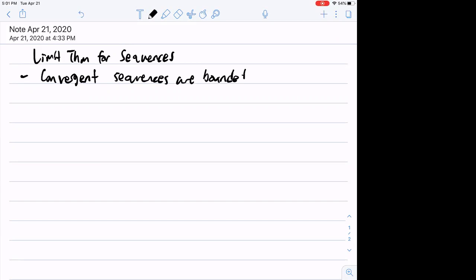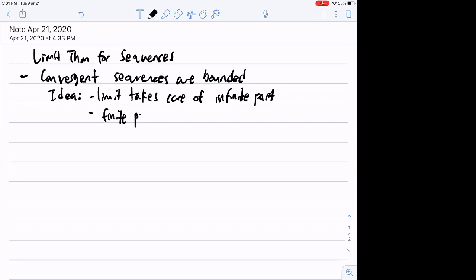And you don't need to know the proof, but you should know the idea. The limit takes care of the infinite part, and then for the finite part, just take the max.